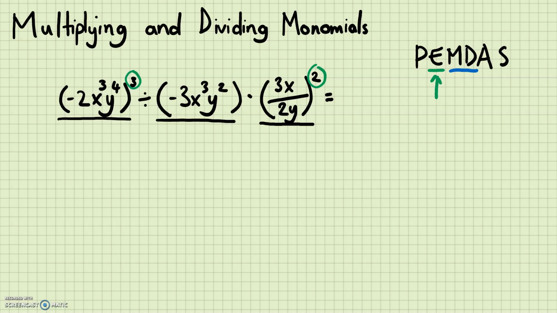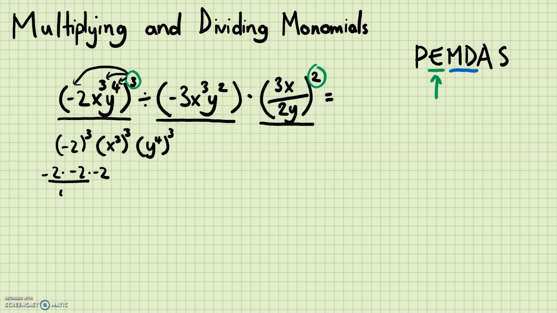So the first part would be, remember we have to distribute the exponent to each of the terms. So we have negative 2 cubed, and then x cubed cubed, and then y to the fourth cubed. All right, and then let's simplify this. Negative 2 cubed is negative 2 times negative 2 times negative 2.